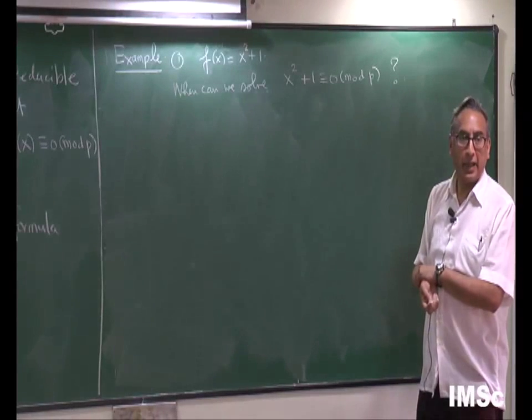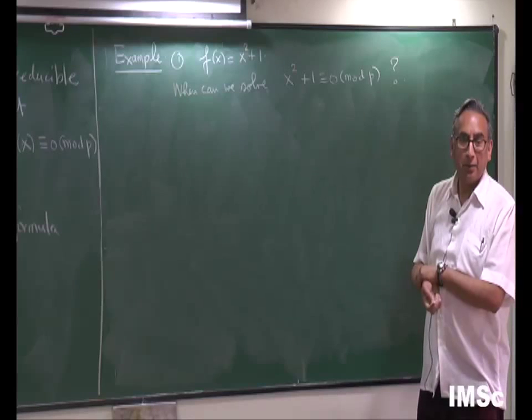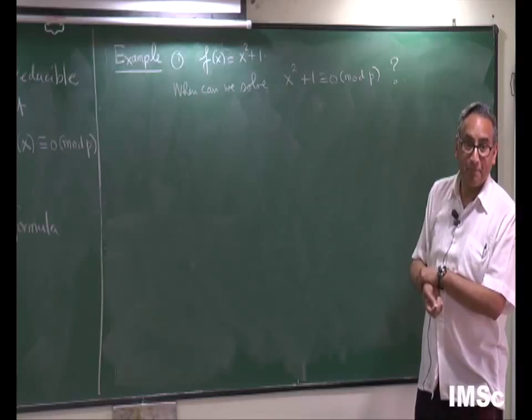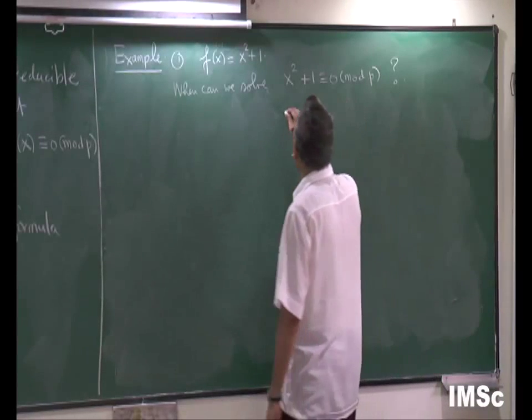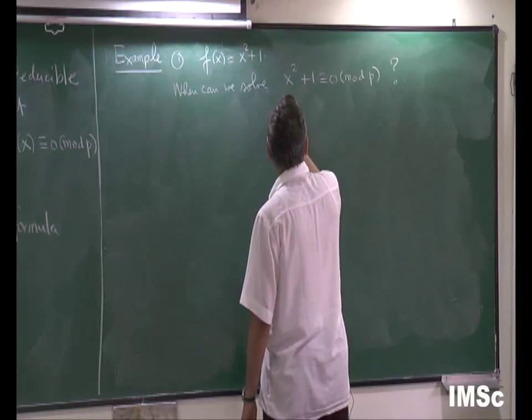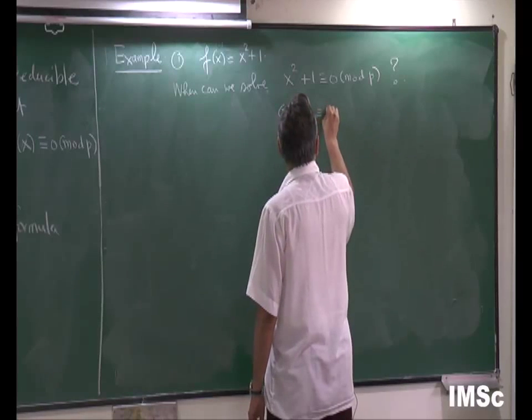Now, some of you may know the answer already. So those of you who know the answer, what is it? If and only if it's congruent to 1 mod 4. Yeah. So the answer is, as she says, if and only if p is congruent to 1 mod 4.